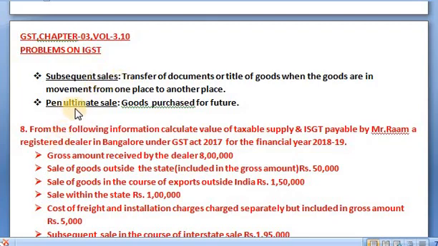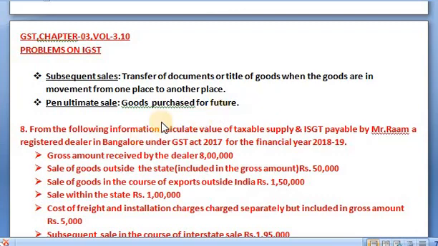And when you come to the penultimate sale, these are the terms which we use in general, like in commerce or trading. So when it comes to the penultimate sale, any goods which is purchased in advance, but the usage will be done in later days, right? The goods purchased for future purpose, maybe for next month or some other month, or after 2-3 months you wanted some products, you purchase in advance and you keep, but you are not using for the time being.